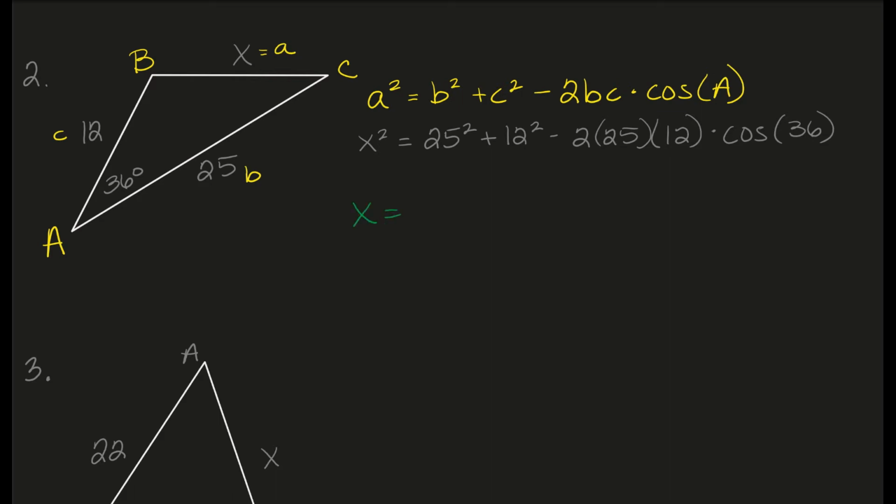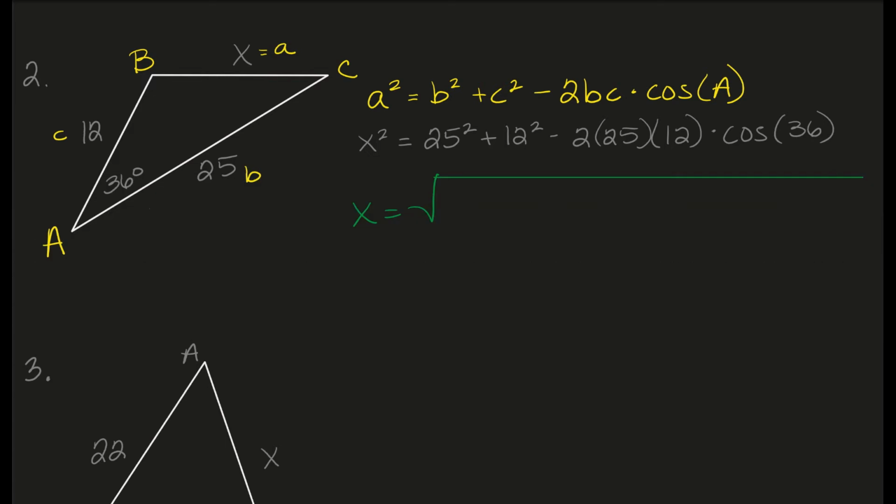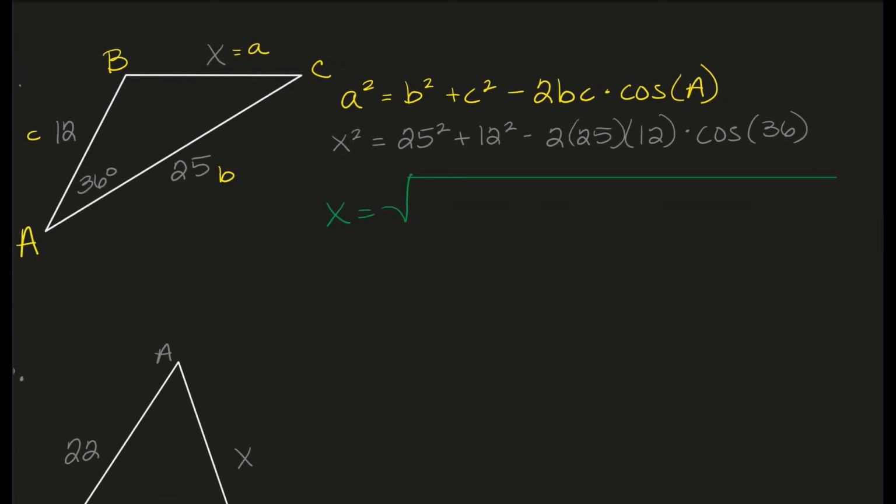In order to solve for x, we're just going to take the square root. So here, I'll get my ruler, and then we'll extend this whole thing out. You don't have to write all of this down because it's all going in the calculator anyway, but we'll just set it up for note purposes. So 25 squared plus 12 squared minus 2 times 25 times 12, times cosine of 36.